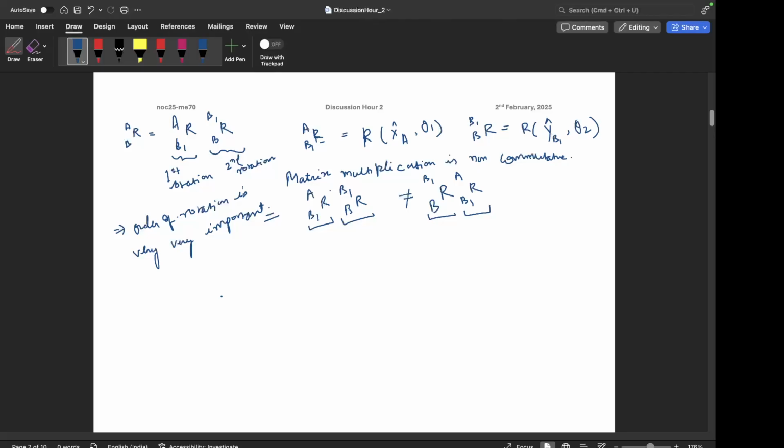This problem relates exactly to what we just discussed, that is successive rotations, and then showing that if we change the order of rotations, it does not physically mean the same rotation, right? So let me first describe the problem setup.